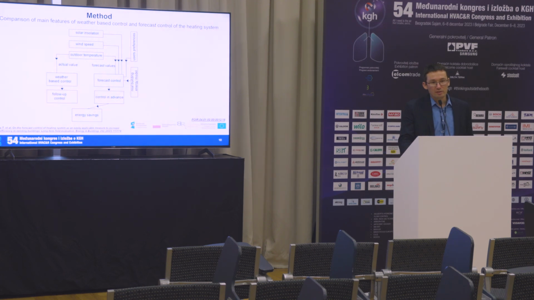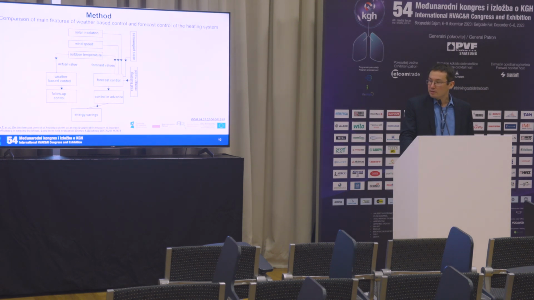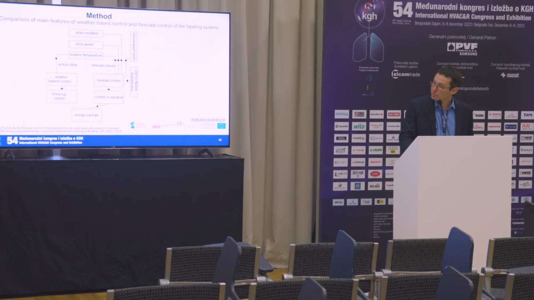So we control the building based on past measurements. But like I said, it is worth using forecasts. We also use solar insolation and wind speed, and user preferences, also forecast.